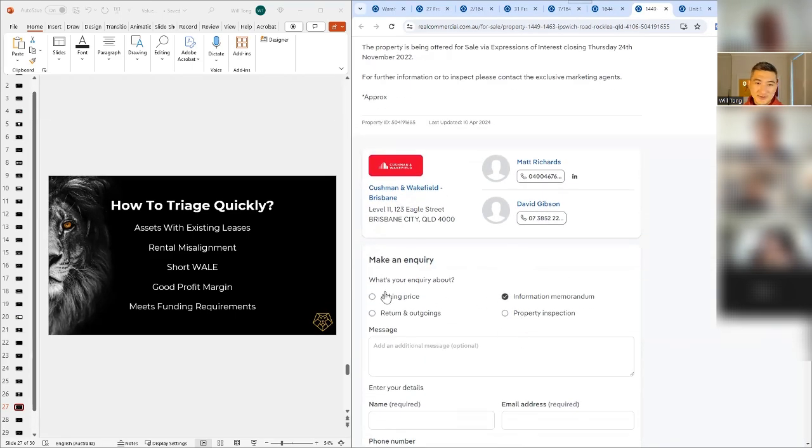So this is what I do. So I'll go, hi. Can I please have an IM? What's the price expectation? Why is EOI closing in November 2022?